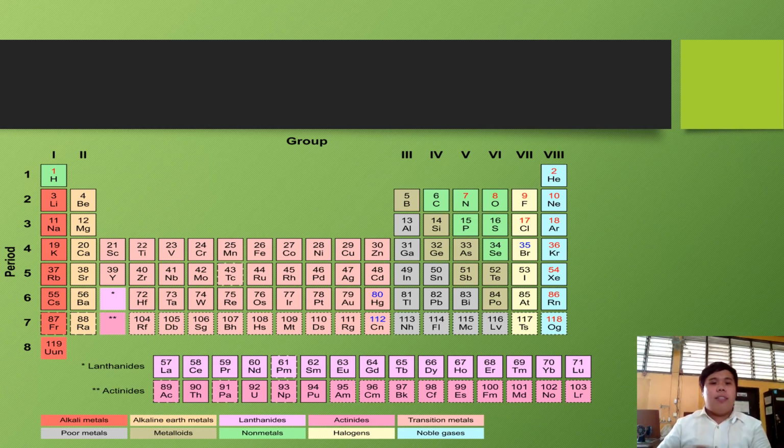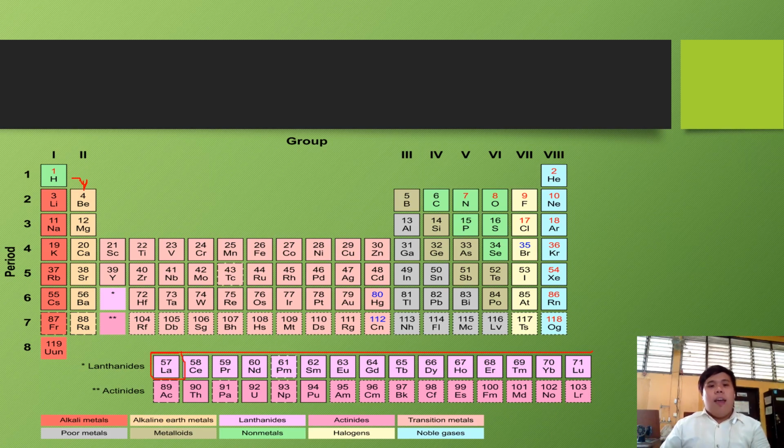Okay, so the red is the alkali metals, the yellow is the alkaline earth metals. Then we have the lanthanides, this one here, because the first element there is lanthanum.